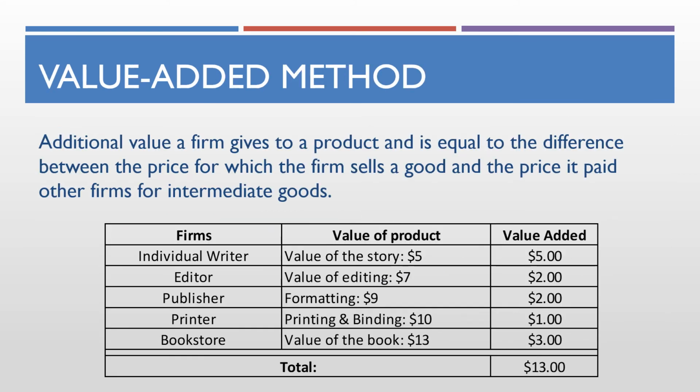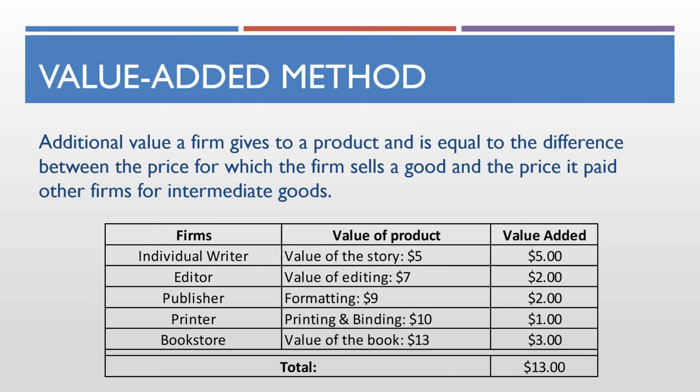On top of the intermediate goods topic, we also want to clarify why we do not want to add the value of intermediate goods to our GDP measures. One of the methods we can use to avoid that problem is called the value added method.